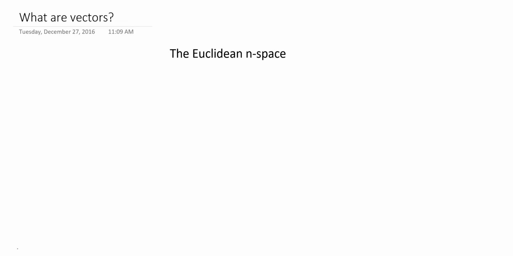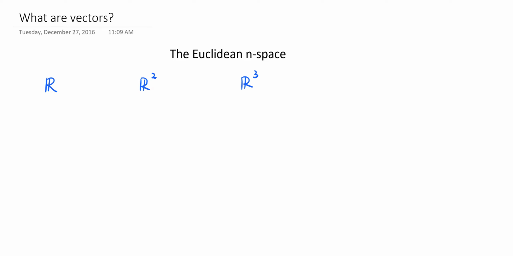At this point, we have talked about two Euclidean spaces, R2 and R3. And we're ready to extend the concept of vectors to vectors in Euclidean spaces of higher dimensions. So first of all, I'd like to mention that the symbol R in R2 and R3 represents the set of all real numbers. So R is the set of real numbers.